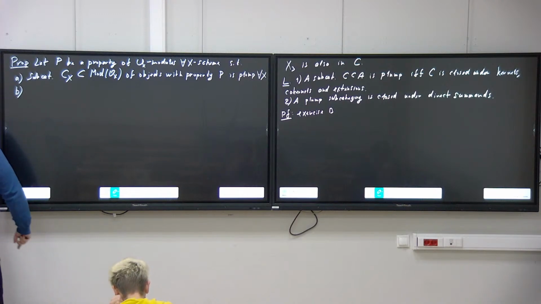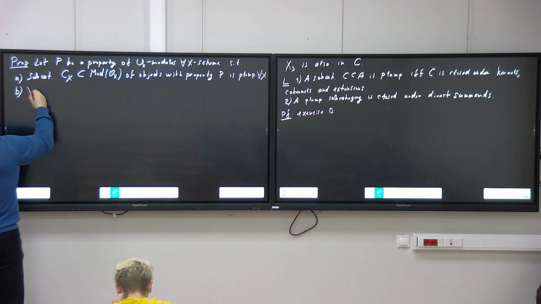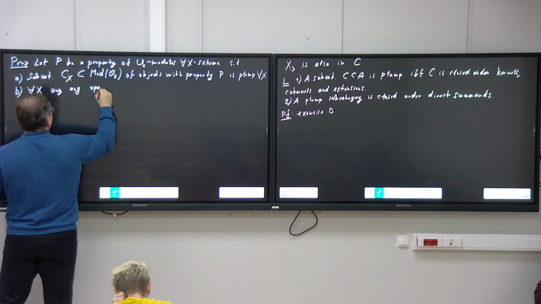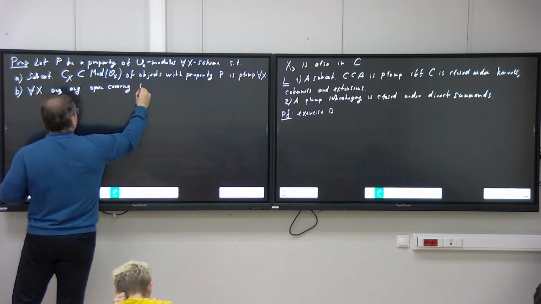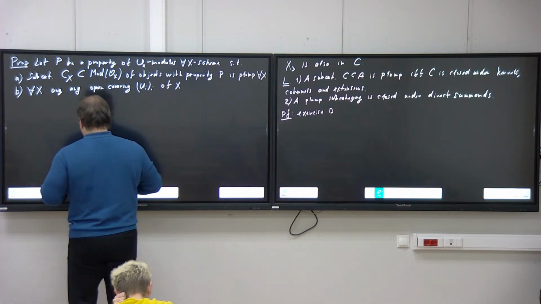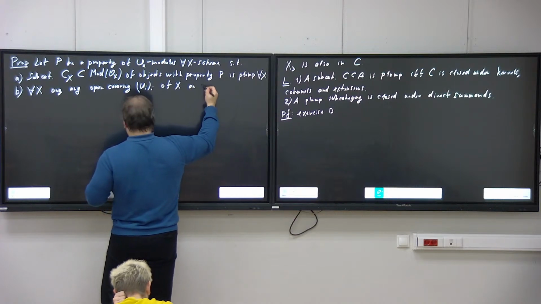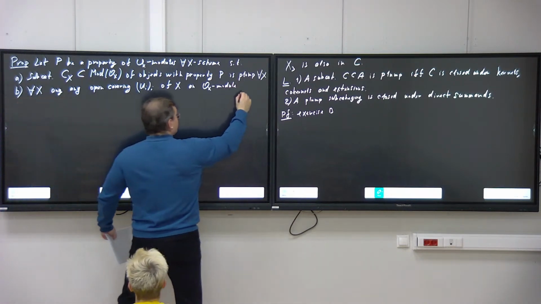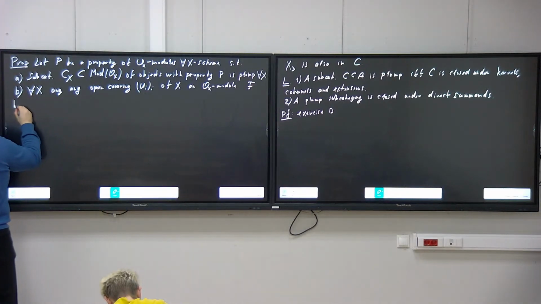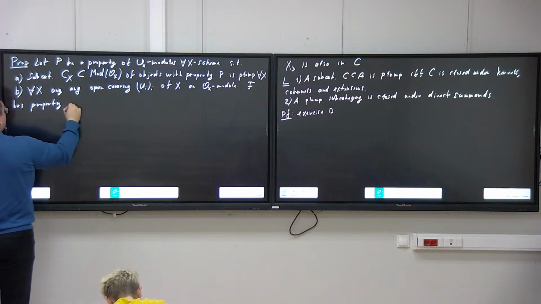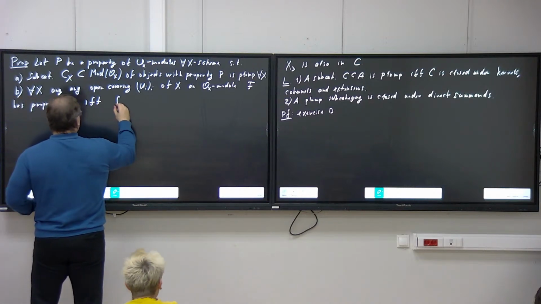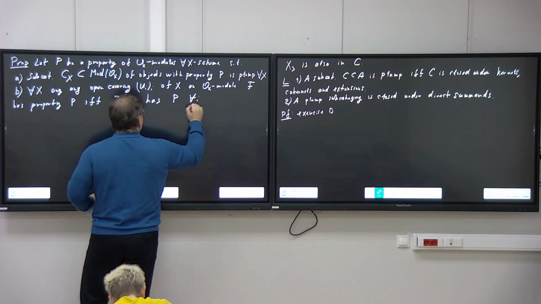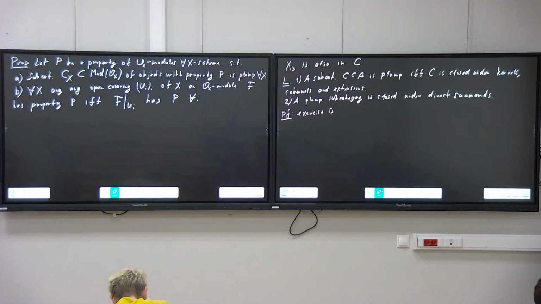Then I require that for any scheme X and any open covering U_i of X, an O_X-module F has property P if and only if we can restrict this F to the U_i and require that this also has property P for any index i. So the property that I'm talking about is a local property on the scheme.